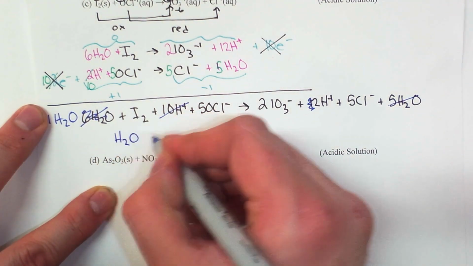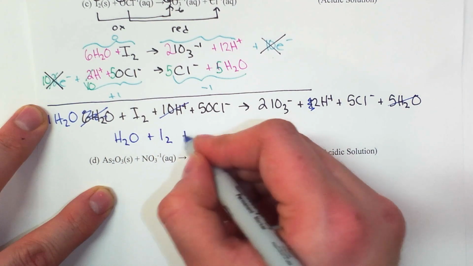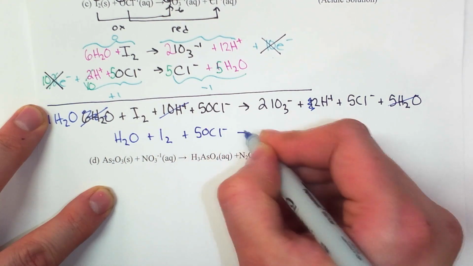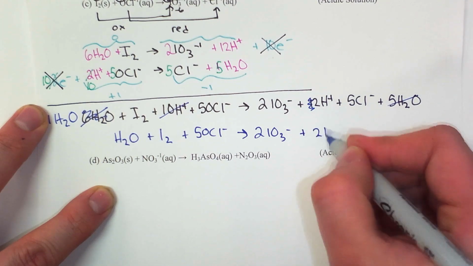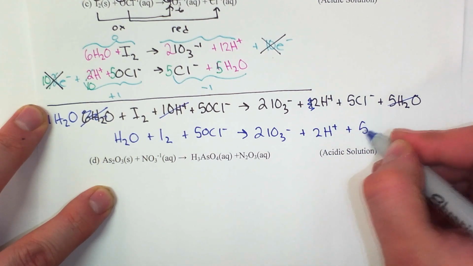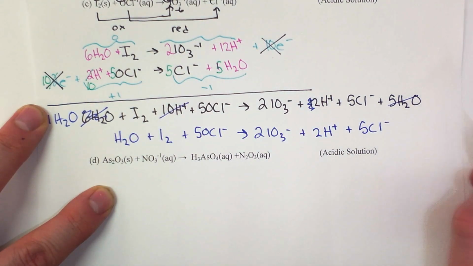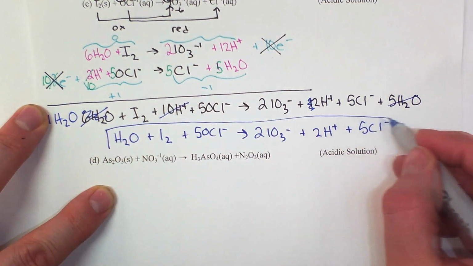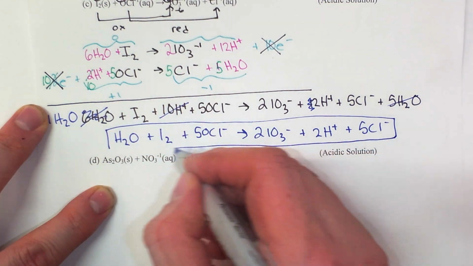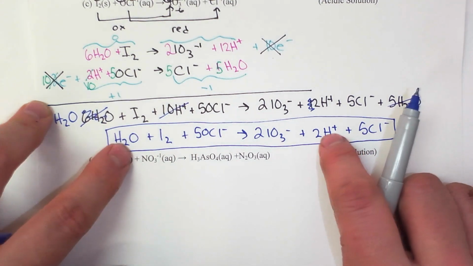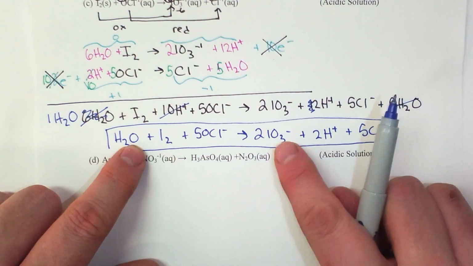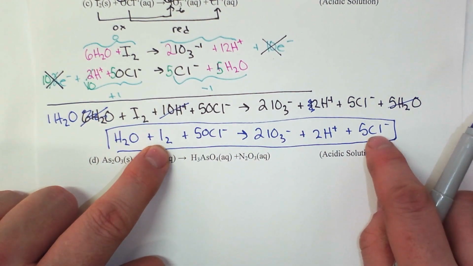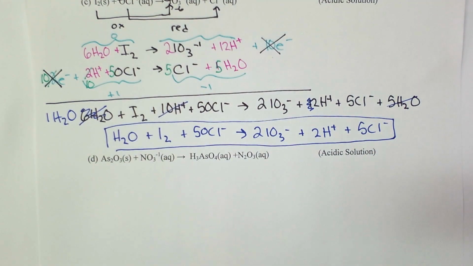So H2O plus I2 plus 5 OCl gives me 2IO3 negative plus 2H plus 5. 2 and 2, 5, 6, 6, 2, 2, 5, 5. That should be balanced.